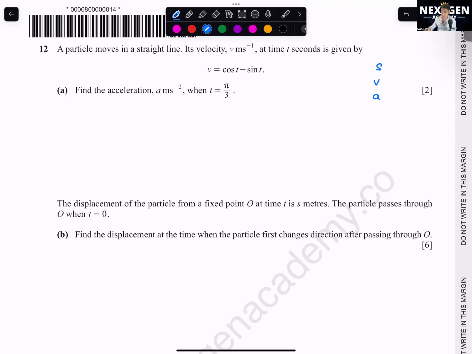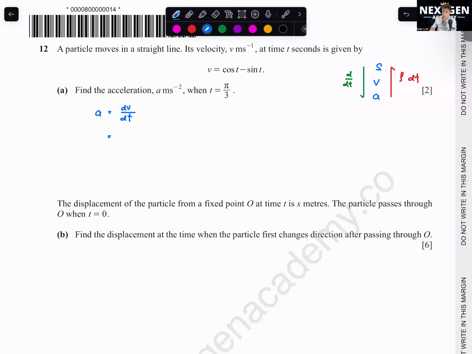Uncle Siva says that when we go down, this is differentiation. When we go up, this is integration. V to A, we will differentiate the velocity. So a is equal to dv over dt.